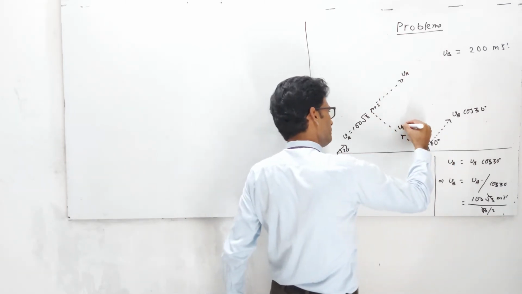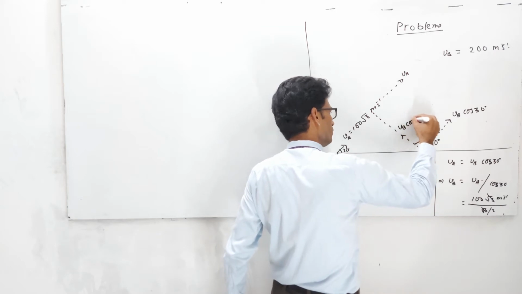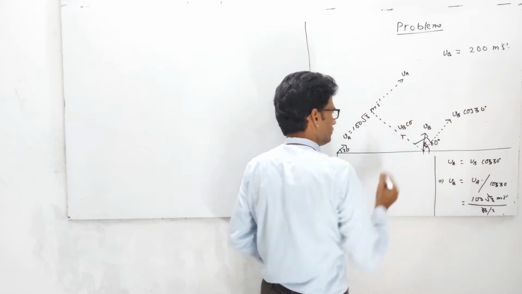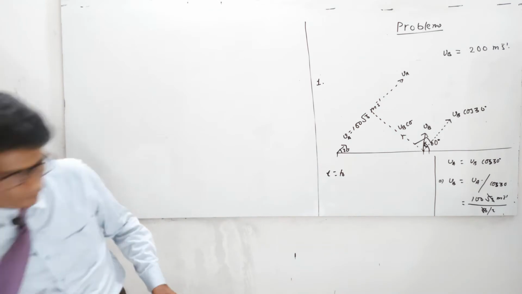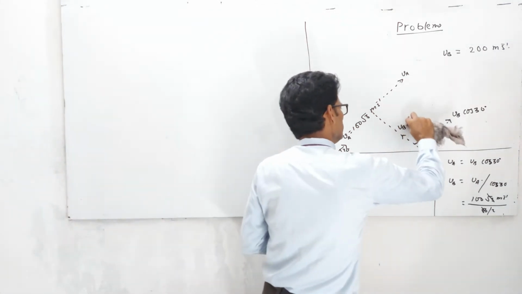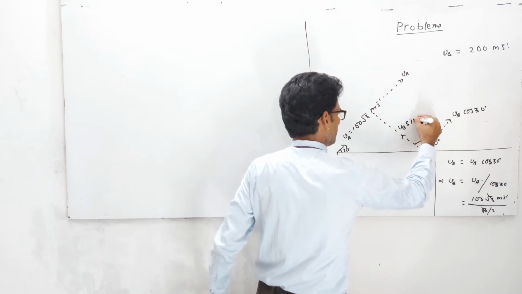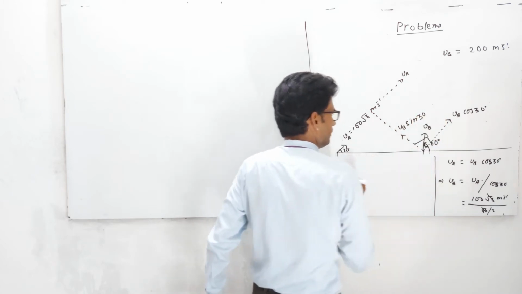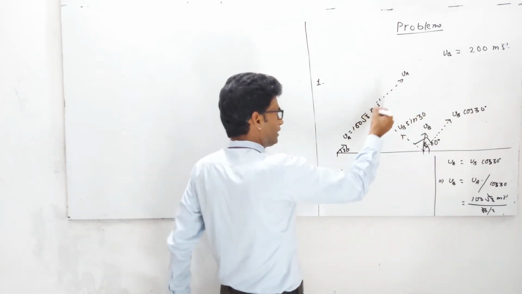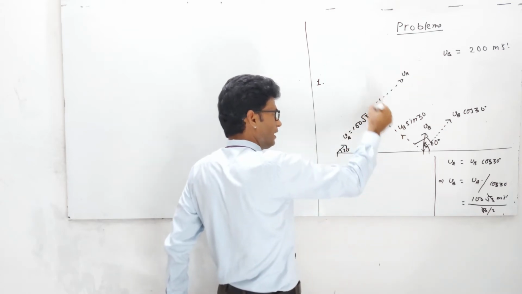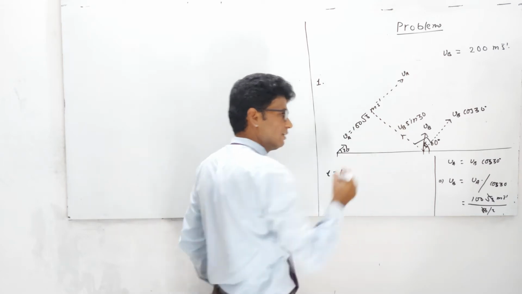Here it is VB sin 30. The aeroplane A has no velocity in this perpendicular direction.